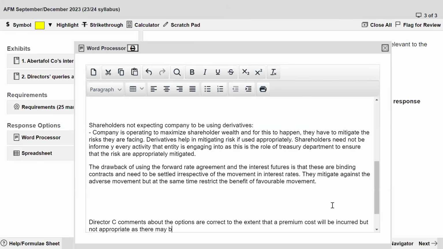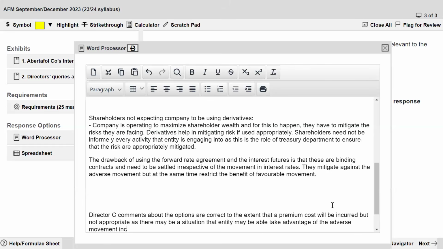as there may be a situation where the entity may be able to take advantage of the favorable movement if they use the options, and allow the options to lapse when they are out of the money.